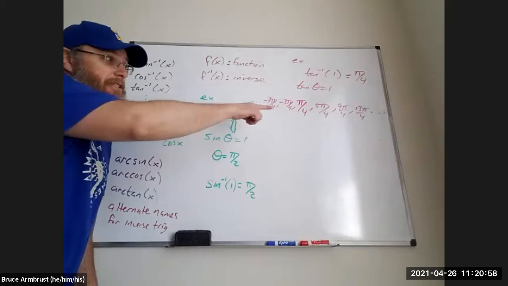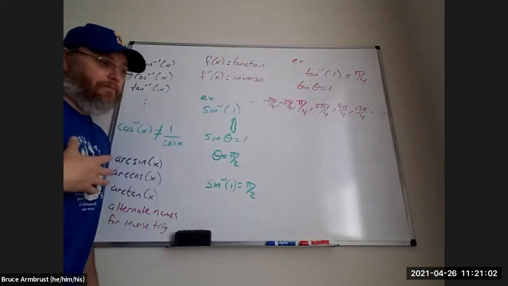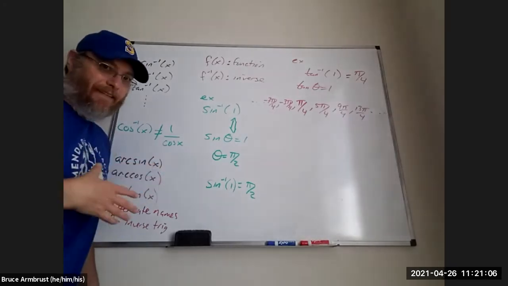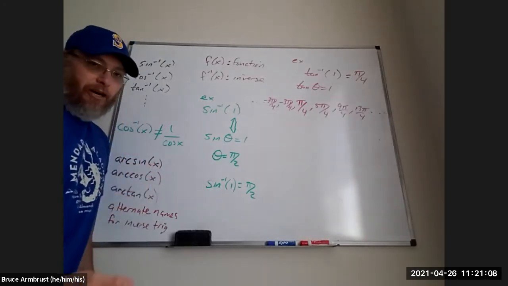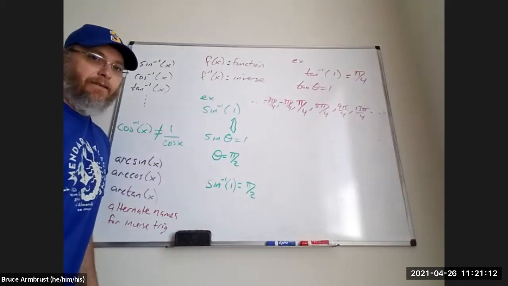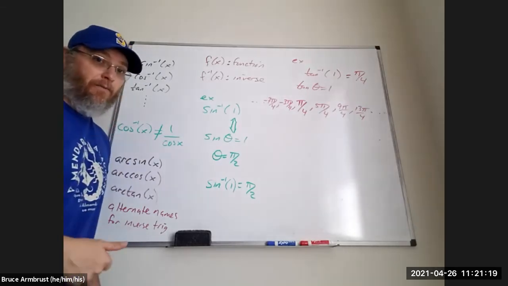Like in the case of tangent, it's happening every pi. So there's a bit of an issue here. We can't just say, all right, give me an angle whose tangent is 1, because there are choices. We have to ensure that there's only one value that works.